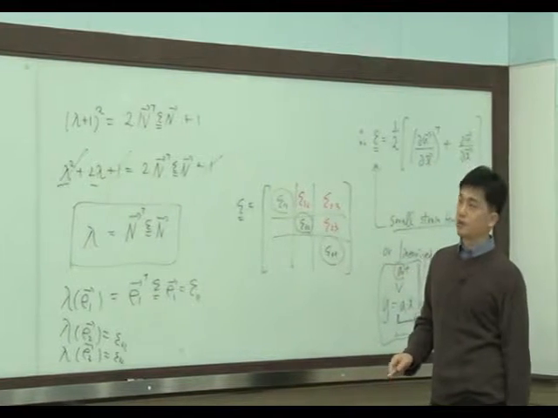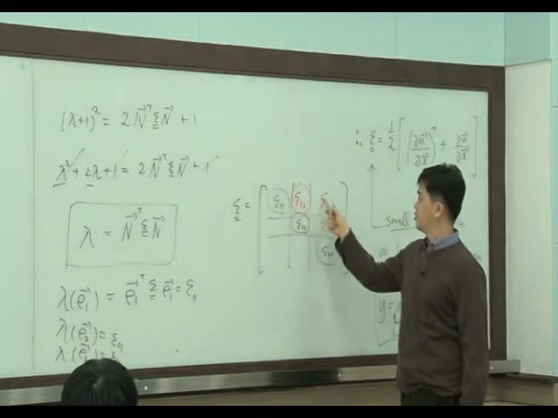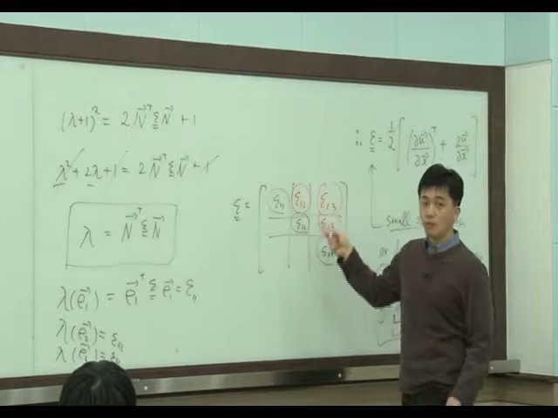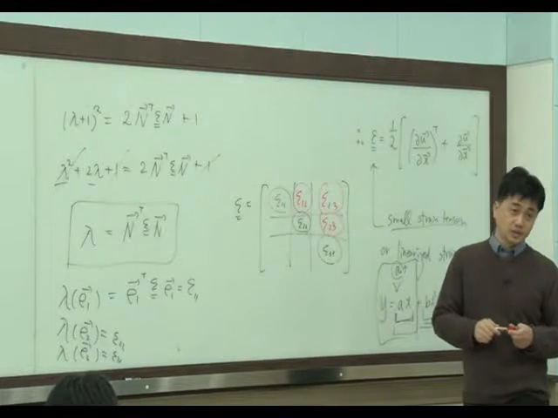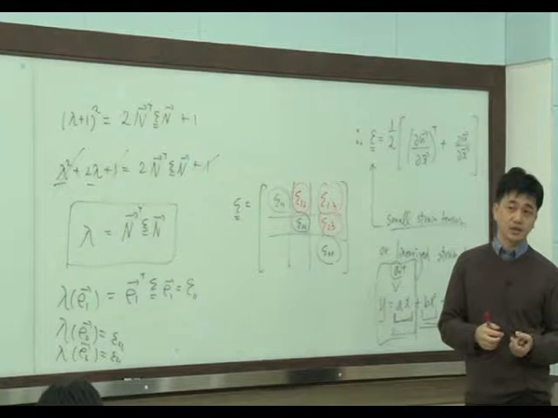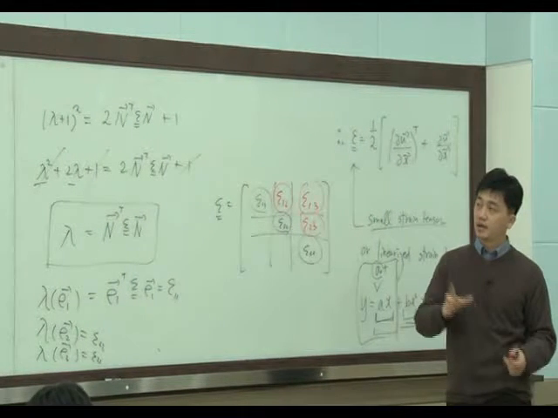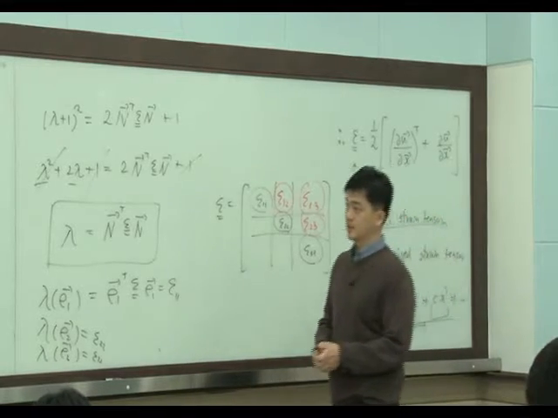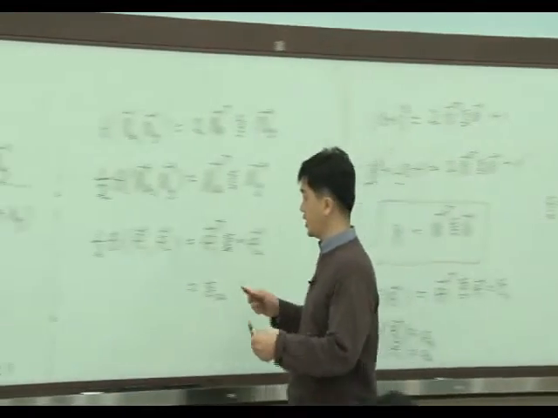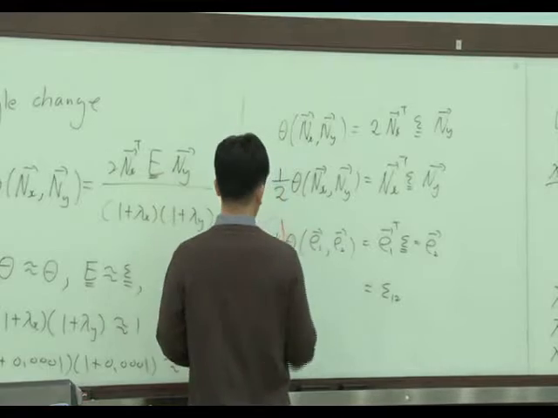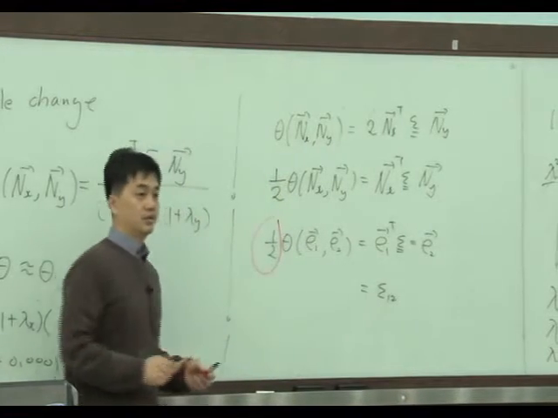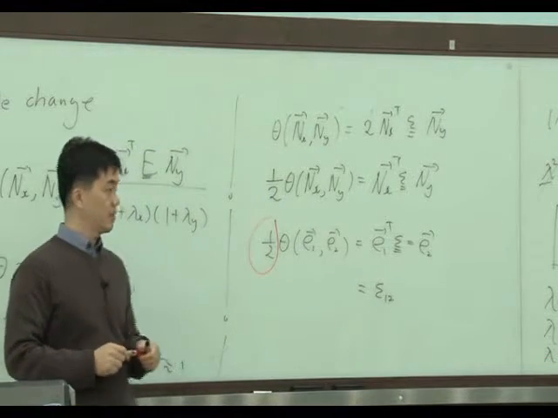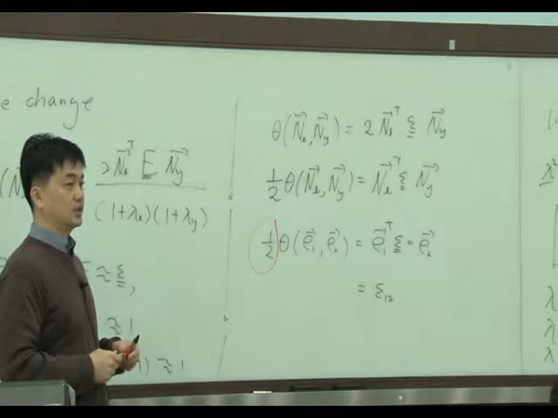Right? Watch this. What's the meaning of this off diagonal component? The meaning of the off diagonal component is half of the angle change, right? Not the full angle change, half.